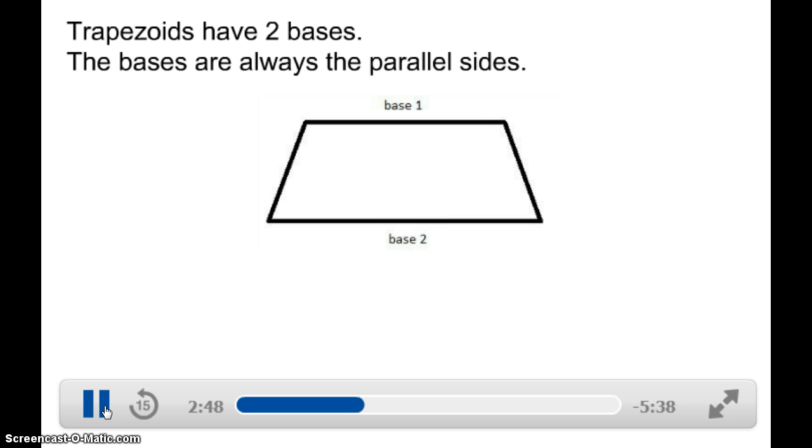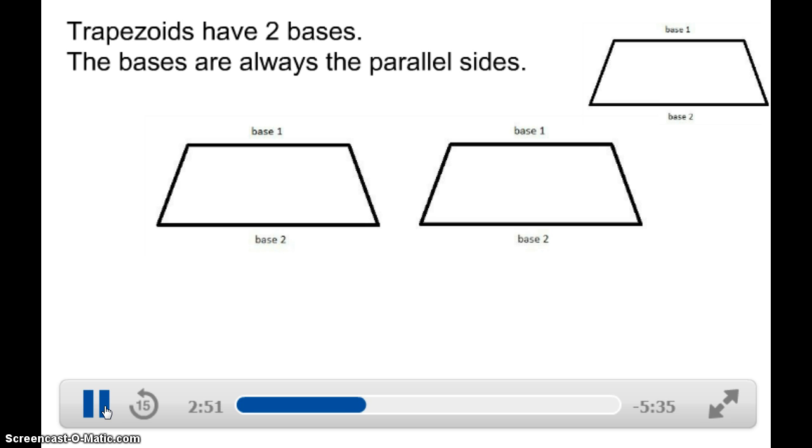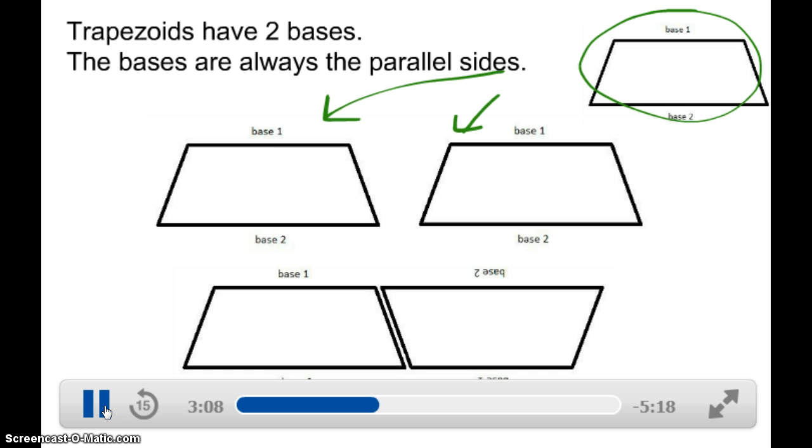Well, so like this. So this was my original, and I just made a copy. So I have actually 2 trapezoids. So then what you're going to do is flip the second trapezoid, or you could flip the first one over like this.